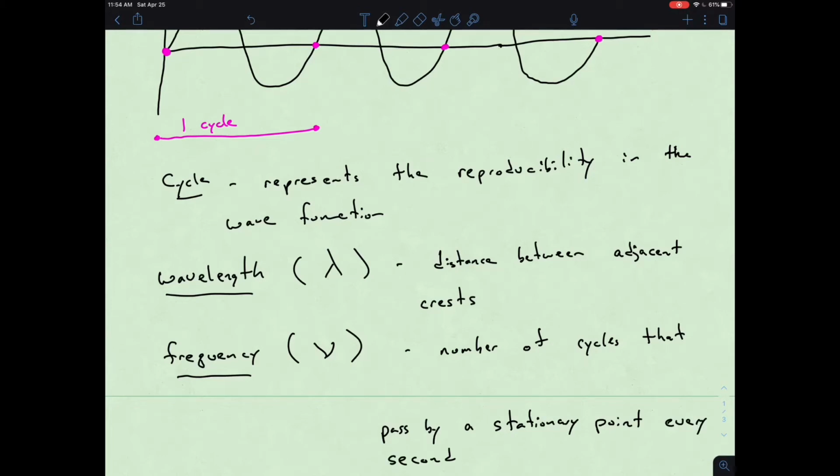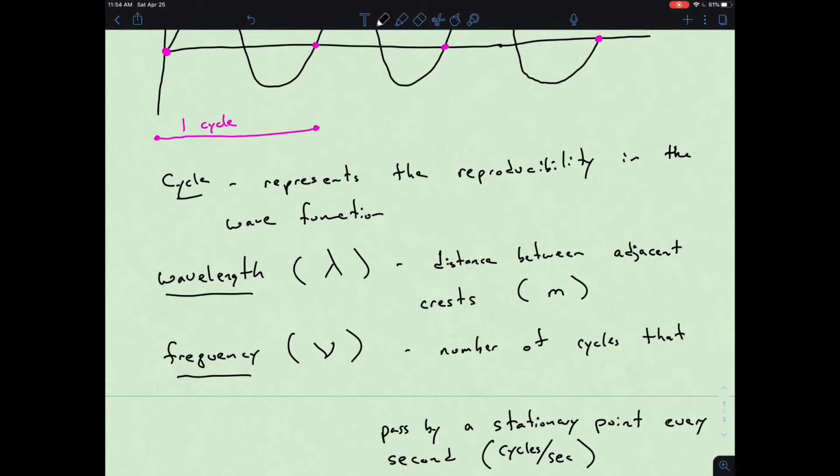We'll get into units in a little bit here, but if we're looking at units for frequency, that's this notion of cycles per second. And with wavelength, this is distance. This is a form of meters.